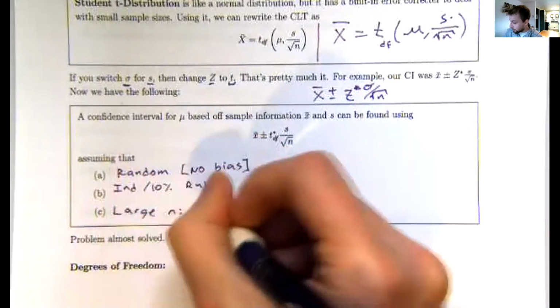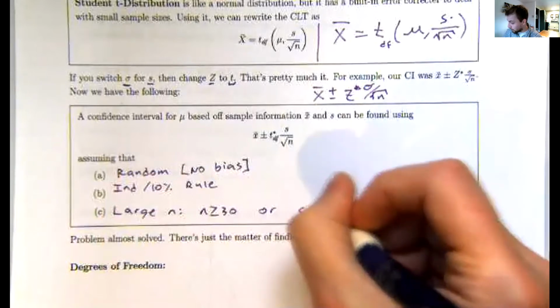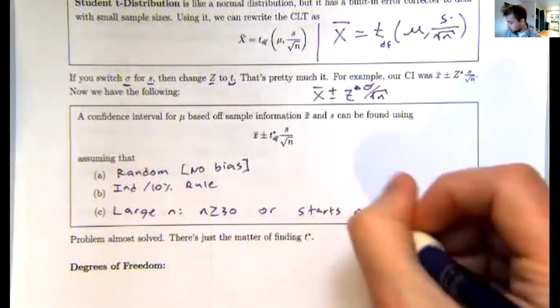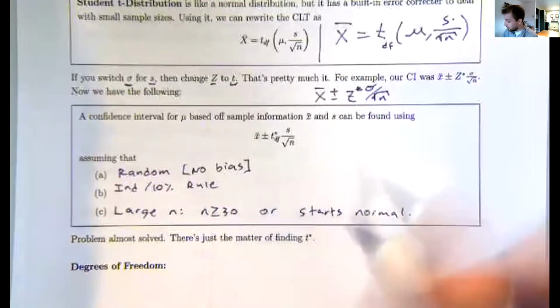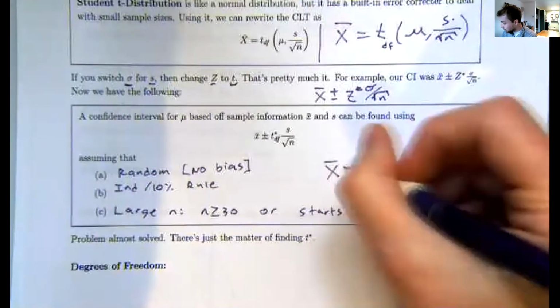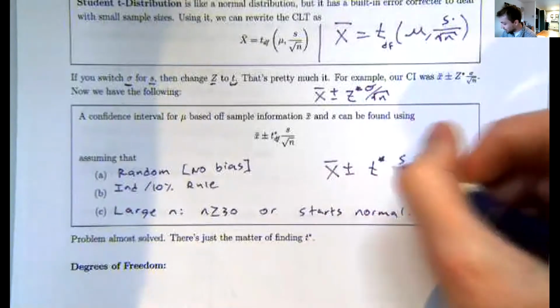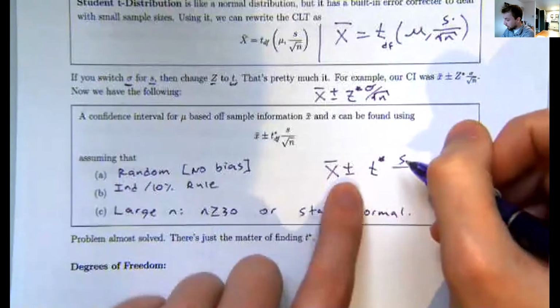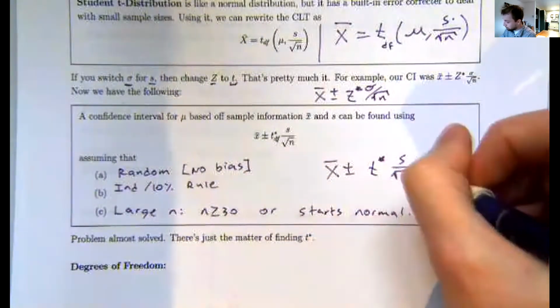When I say large sample size, I still mean 30 or more samples, or it starts normal. So however this t distribution works, it's sort of like this magic cure-all that allows me to use pretty much the same setup. I have my average plus or minus my critical value times my standard error.